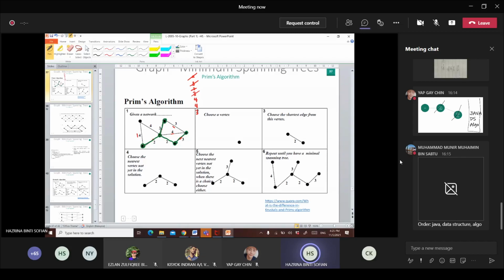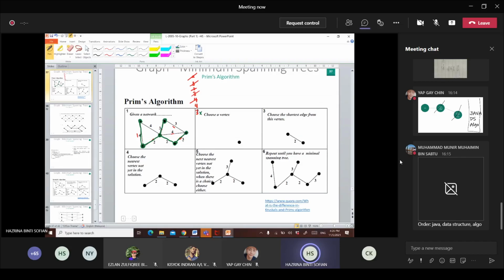It's because there's one condition for MST: we cannot have a cyclic graph. Okay, so therefore we cannot take this 3. If we take this 3, it will be a cyclic graph. So we need to take 4. Okay, so done.